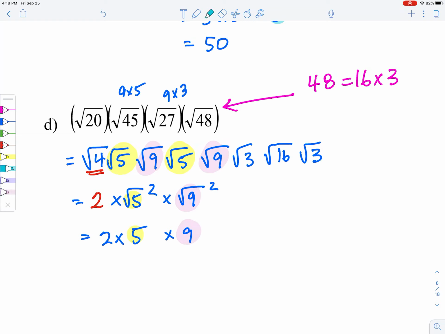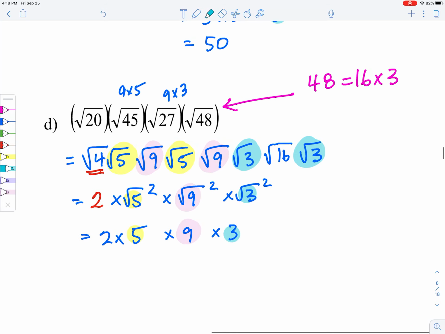Blue. I have a root 3 and a root 3, so I can write that as root 3 squared, which just gives me 3. And then last but not least, I've got root 16, and the square root of 16 is just 4.